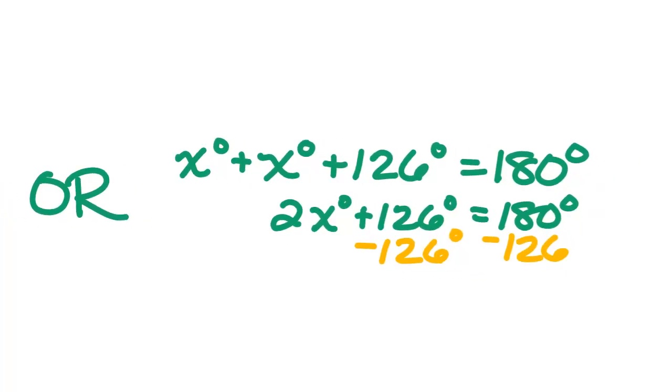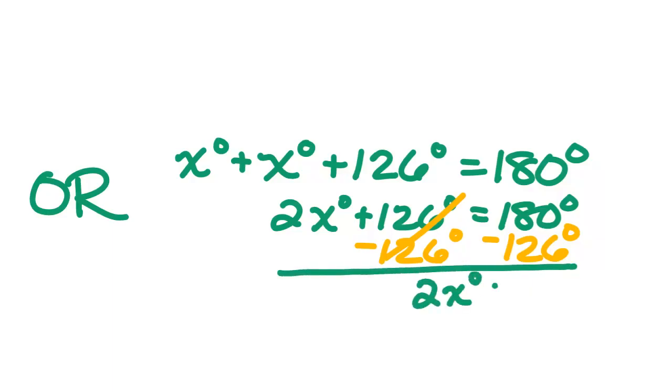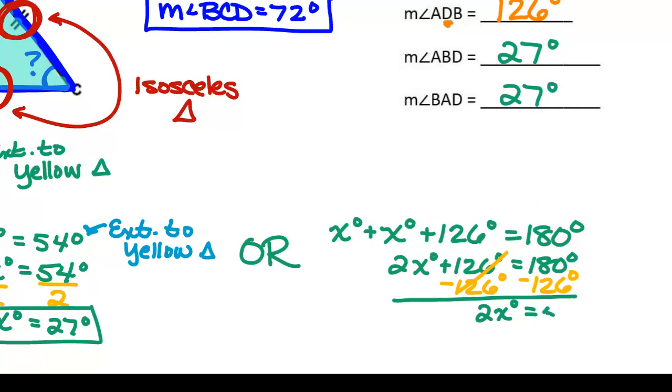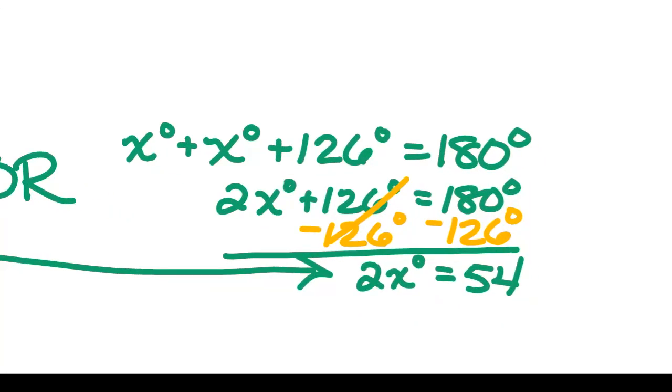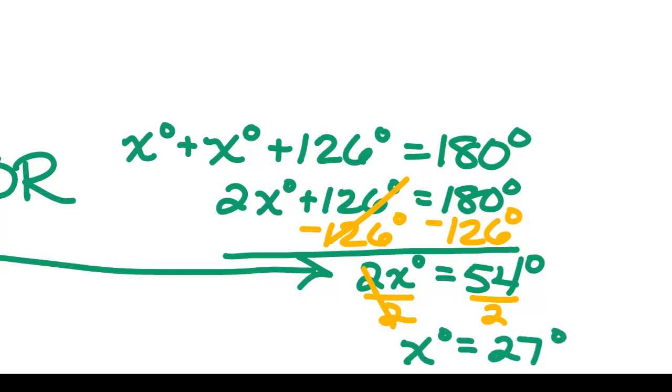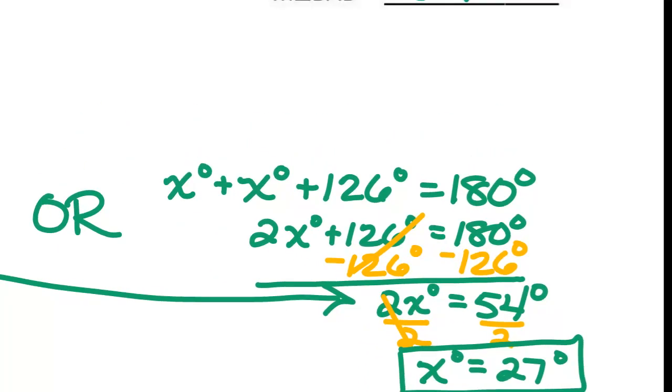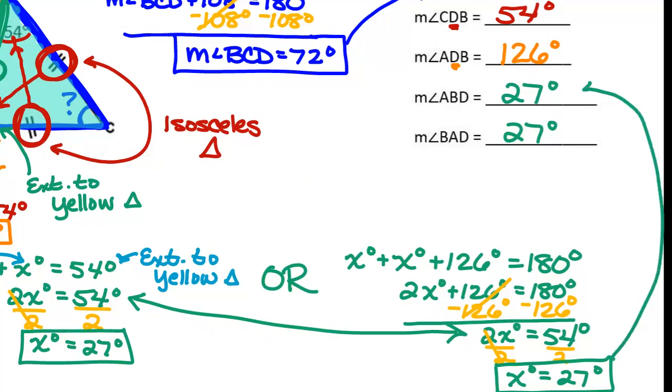What is 180 minus 126? 54. That's exactly what we had over here. That is the size of that exterior angle. So you get the same answer whether you do triangle sum theorem or exterior angle theorem. You get that x is 27 degrees. So those two angles are each 27 degrees.